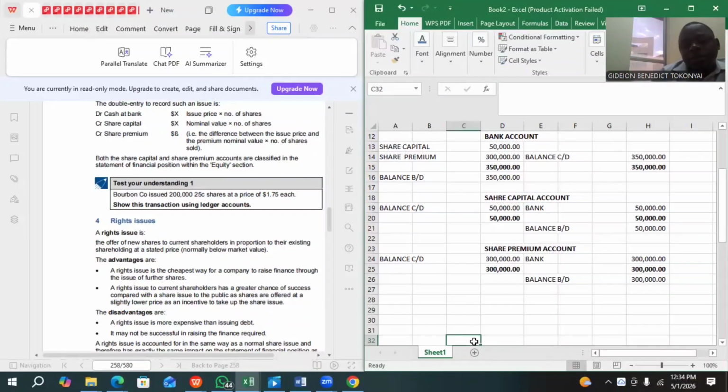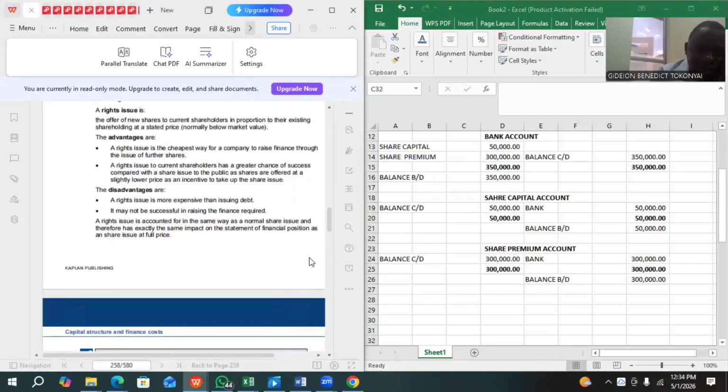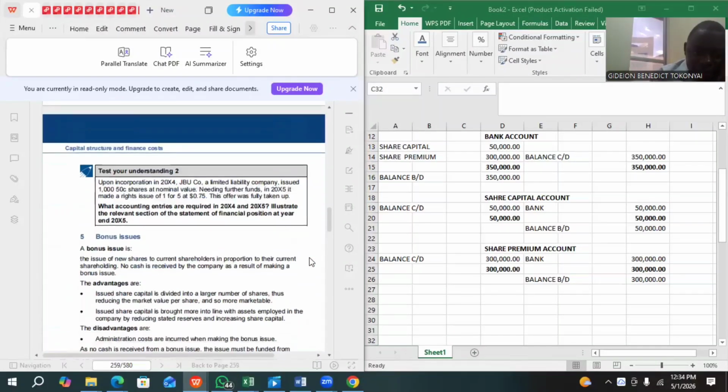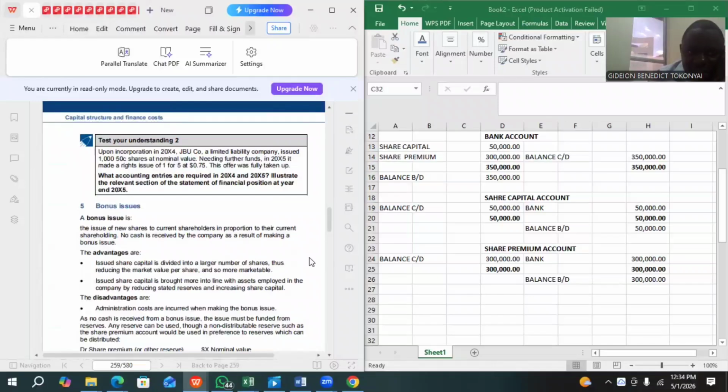Right, so that was what you were supposed to do for this question. Remember, those journal entries are very important. To test your understanding, the question says: upon incorporation, a limited liability company issued 1,050 shares at nominal value.